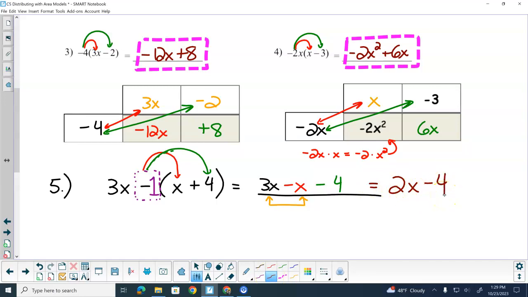So then this would simplify down to 2x minus 4. Cookie Monster stole a cookie. Okay.